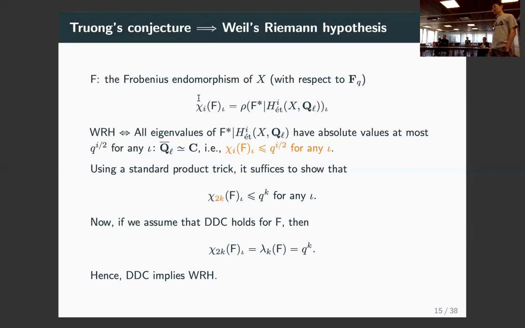This is easy to see, because this f is actually a polarized endomorphism. So the pullback of f on the ample divisor is q times this ample divisor. Then by the definition of lambda_k, it's just q^k.